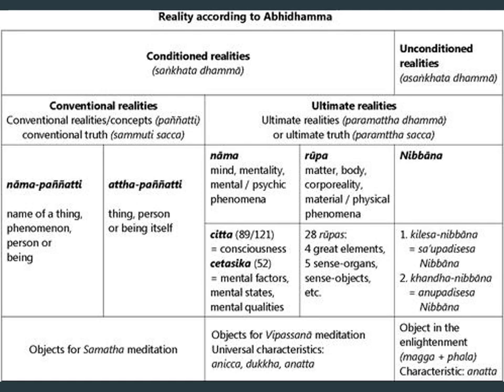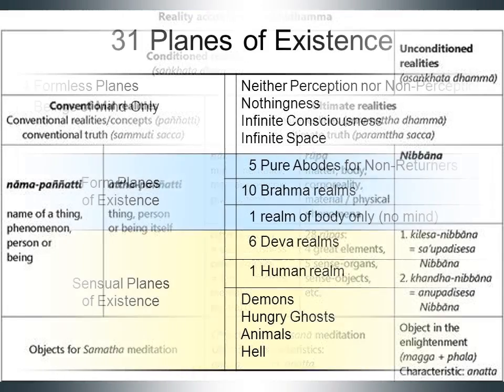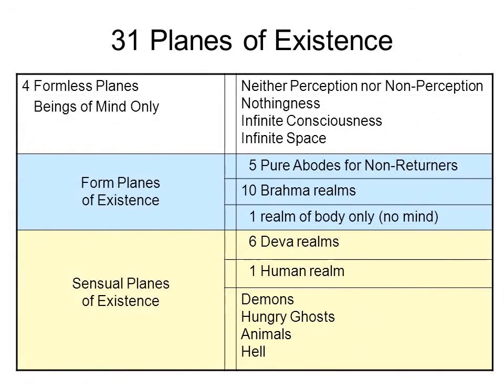Okay, so here look at Citta, 89, right? Let's focus on 89 first, consciousness. Now let us see how we can break it down further. Out of this, 81 are mundane consciousness found in the 3 realms. So out of the 89 modes, 81 are found within these 31 planes of existence.